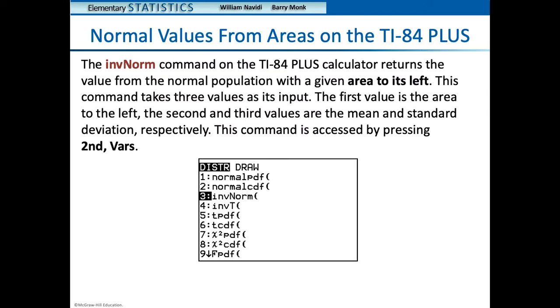What this command does is it returns the value from the normal population with a given area to its left. So the input has to be the area to the left, and then the second and third values that we input are the mean and the standard deviation.